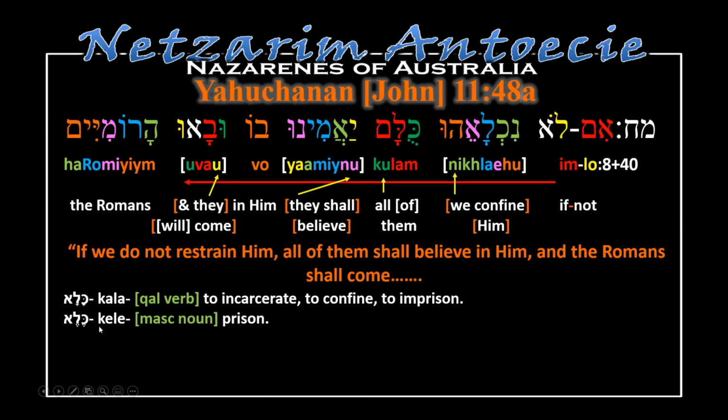I also included the masculine noun here was kele. Kele means a masculine noun for prison, just so that we get the different forms of that word, so we might remember it next time, because in its form here, you may lose the root, and we need to remember the roots separately.